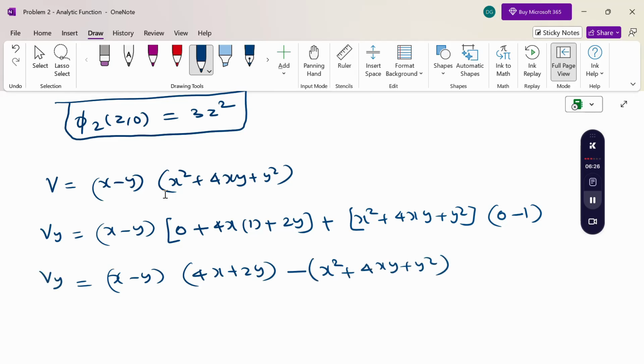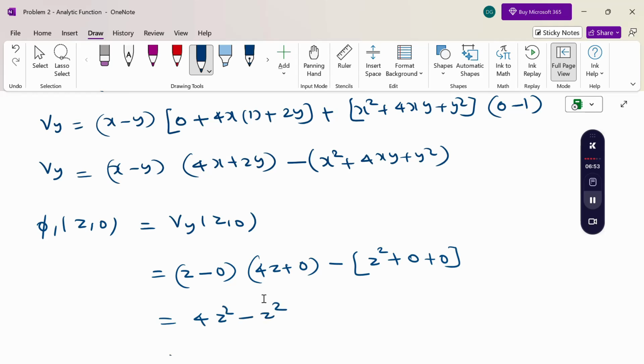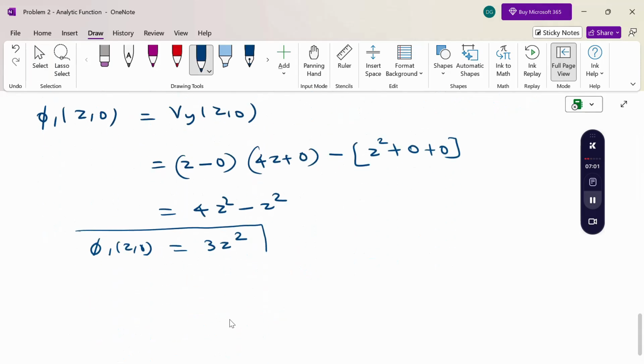This is Vy. So phi 1 of z comma 0 is nothing but Vy of z comma 0. Substitute x value z, y value 0: z minus 0, then 4z plus 0, minus z square plus 4z into 0 term 0. Therefore 4z square minus z square, this is 3z square, the value of phi 1 of z comma 0.